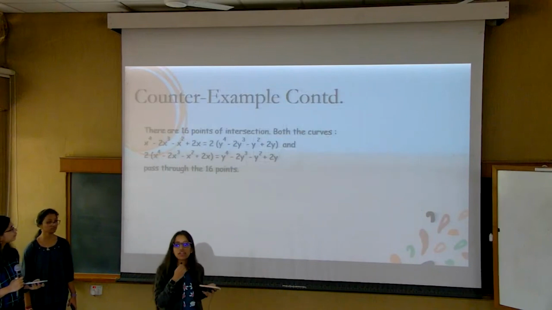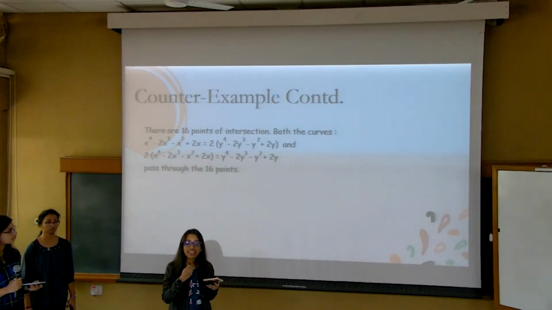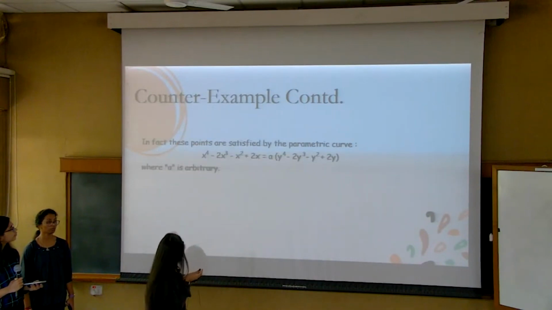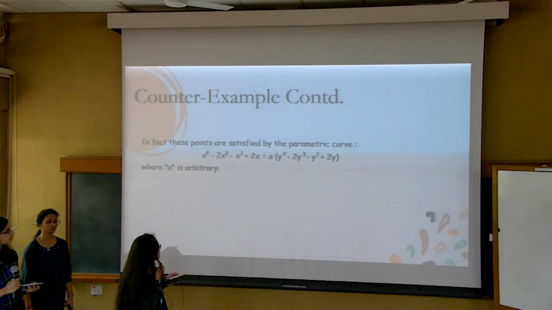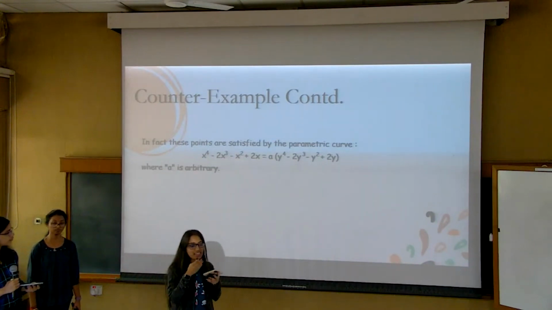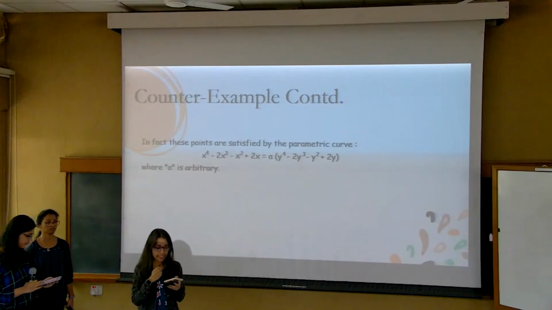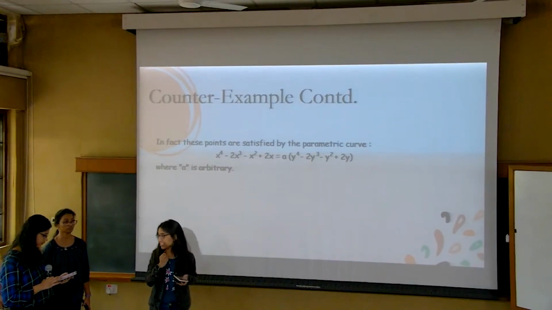But you see that these two curves are passing through the 16 points, defining neither of them uniquely. In fact, these points are satisfied by the parametric curve as you see on the screen. So these 16 points are defining none of these curves uniquely. Note that this is also a degenerate case.